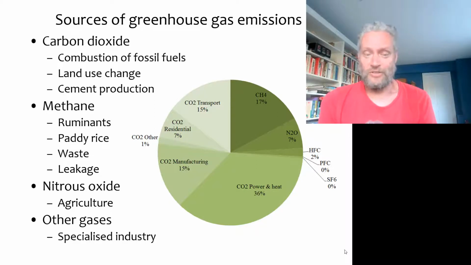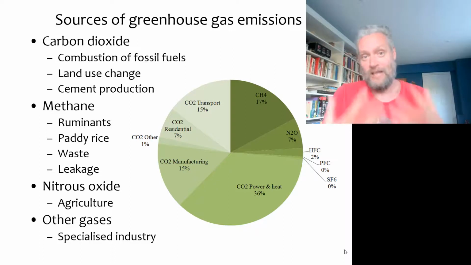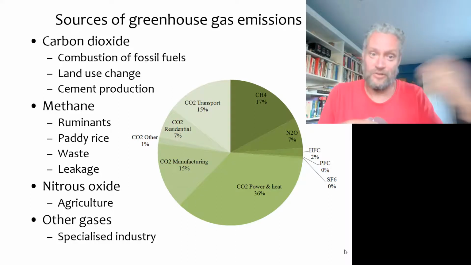The second main source of methane are paddy rice and waste. Paddy rice is essentially wet rice. So rice is a plant. Its leaves die off, and when the leaves fall, they fall into the water. And if plant material rots in an oxygen-rich environment, it goes to carbon dioxide.